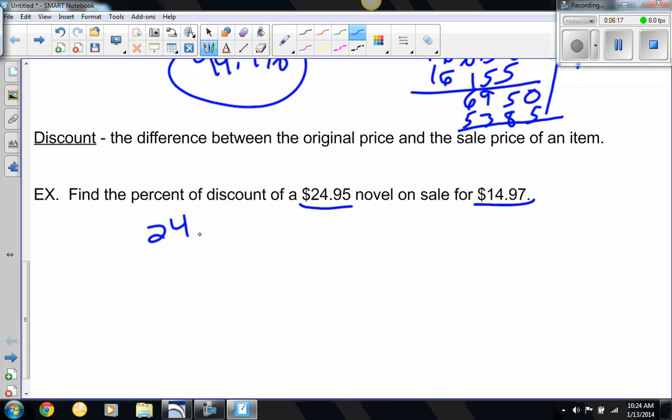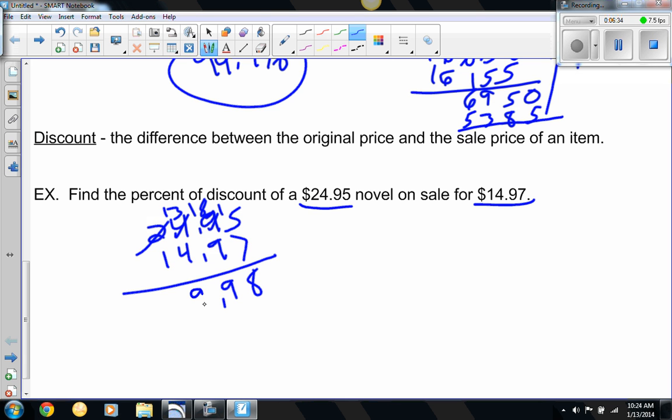So again, first step is always you have to find the difference between the two numbers. So $9.98. And then once I find that, I'm going to put the amount it changed over the original amount, which in this case is the $24.95.